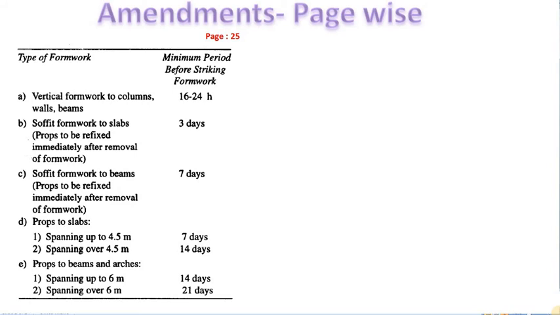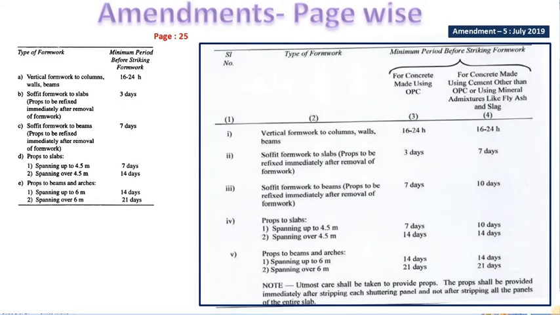This is also an information table on page number 25. Here we can find only two columns: one is the type of formwork and the second column is the minimum period before striking formwork. These two columns were there previously, but now in the amendment made in July 2019, that is the 5th amendment, an additional column was inserted.